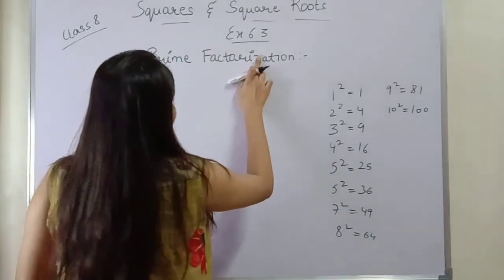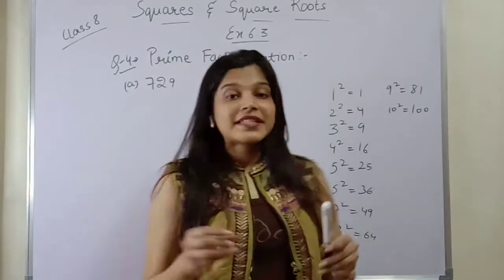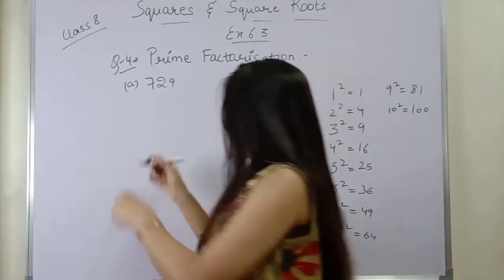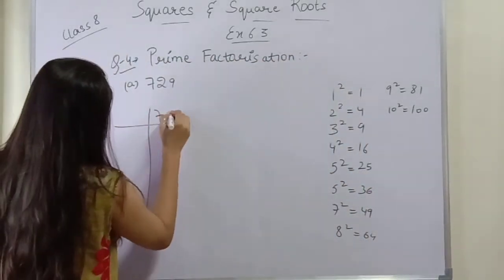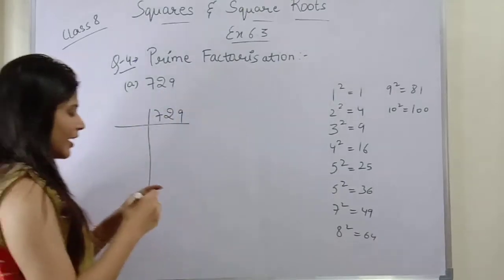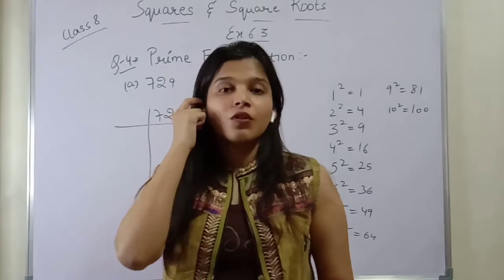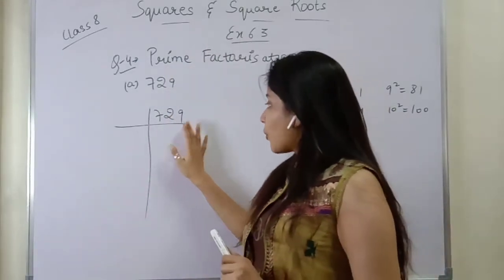Children, 729 के prime factorization के लिए we will start by taking the LCM of this number. If we observe this number, this is not an even number. So ये 2 से तो जाएगा नहीं. Even number होते हैं अगर तो ही वो 2 से जाते हैं.